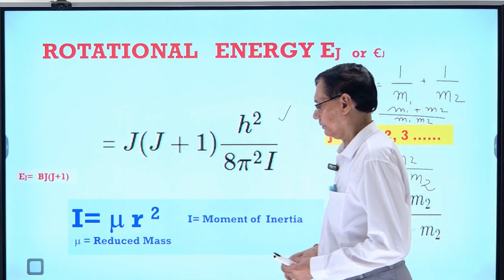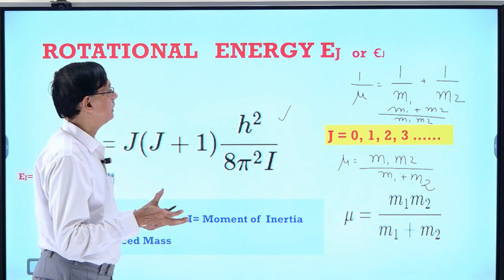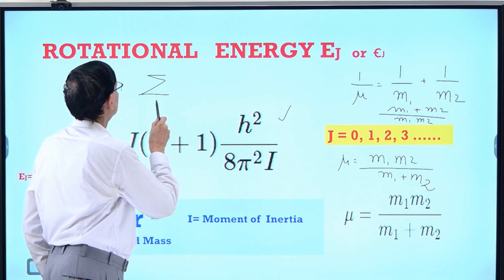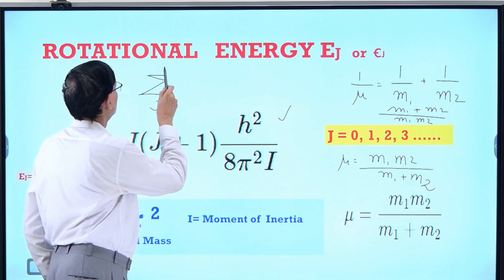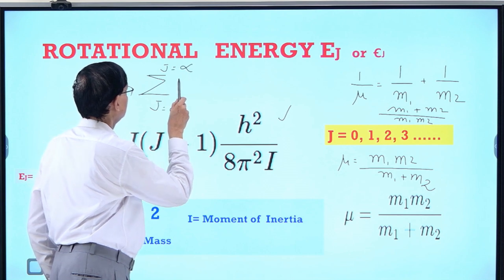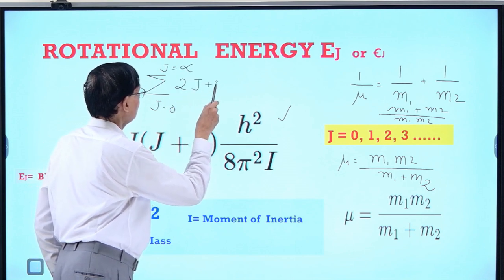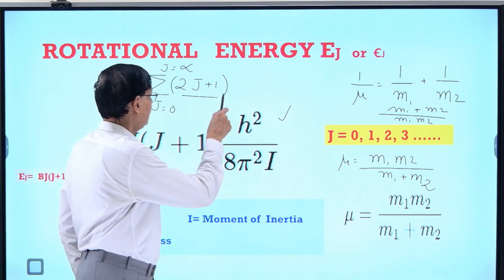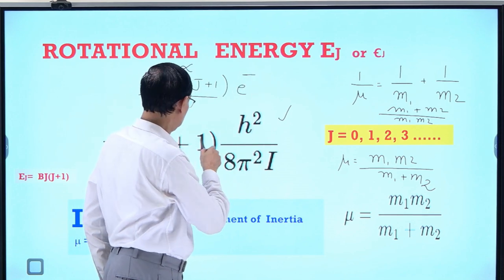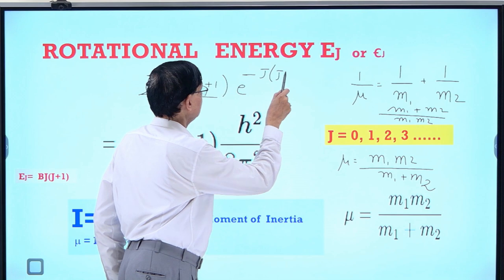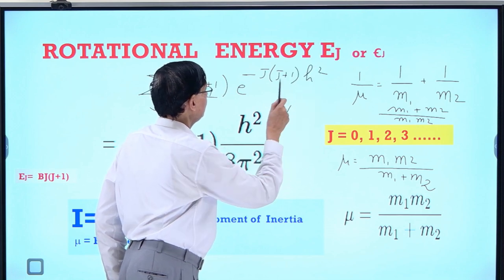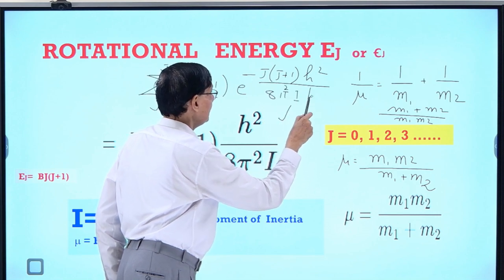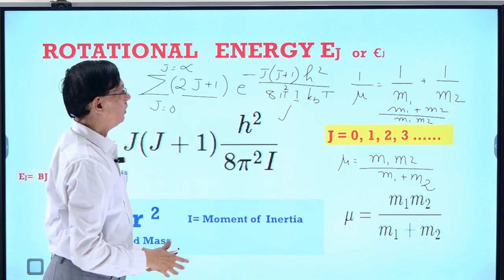Now everything is clear, and I am getting two points. The first point, again I am writing the same thing: the summation from J equal to 0 to J equal to infinity of 2J plus 1, the statistical weight factor, times the exponential of minus J times J plus 1, h squared, divided by 8 pi squared I, Boltzmann constant, and T. That's all.